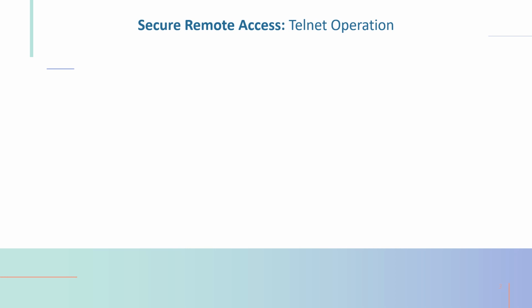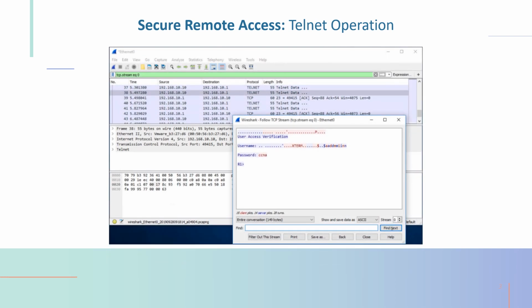A threat actor can monitor a packet by using Wireshark, and here is an example where the threat actor has captured the username admin and the password CCNA from a Telnet session, which means that Telnet is not secure when we are trying to access our devices remotely for configuring them.